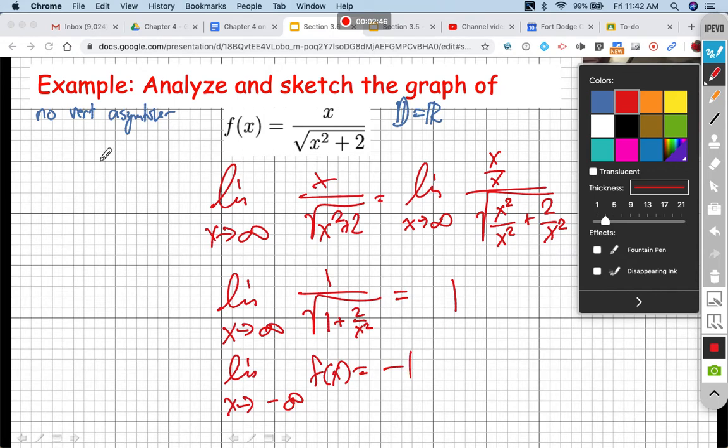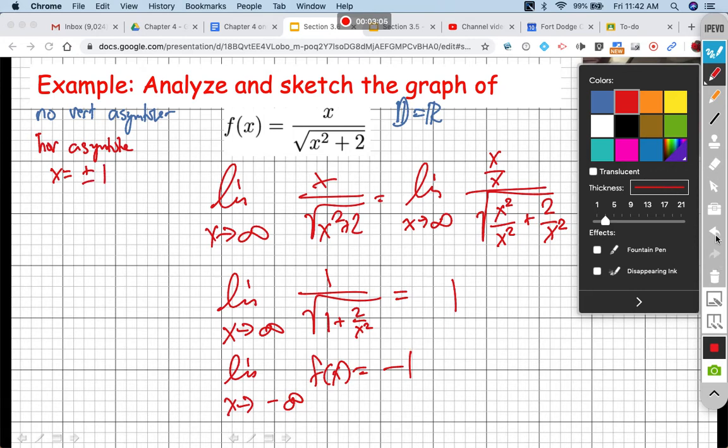So for horizontal asymptotes, I'm going to have y equals plus or minus 1.